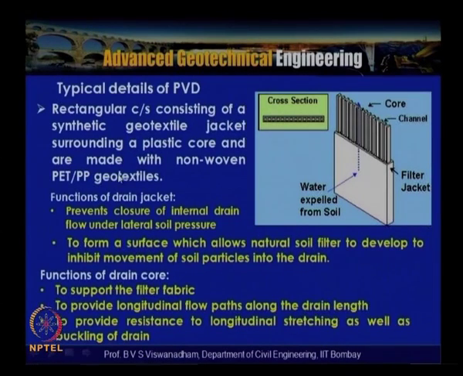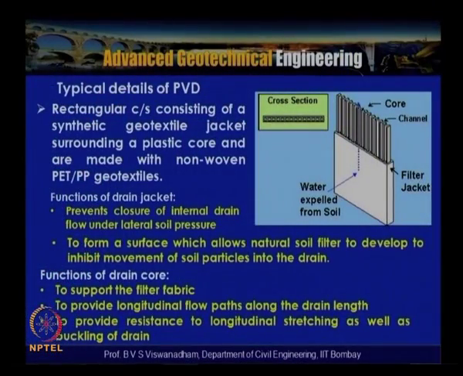That means that when the soil pressure is exerted in the lateral direction, it prevents the closure of the internal drain flow, and forms a surface which allows the natural soil filter to develop and inhibit movement of soil particles into the drain.